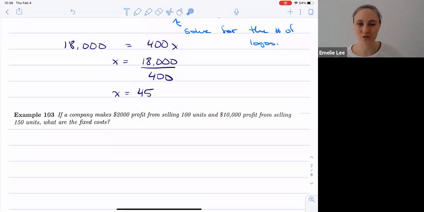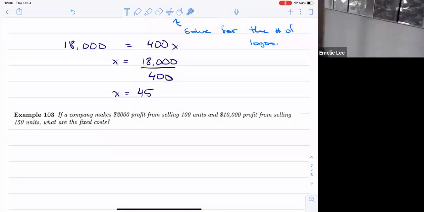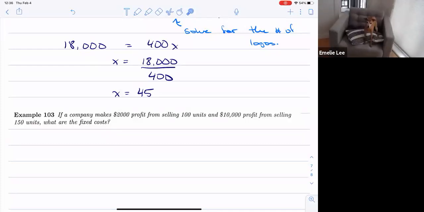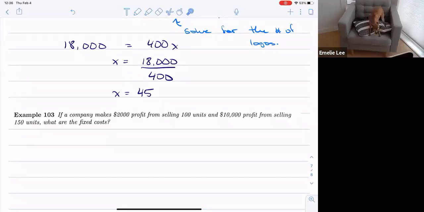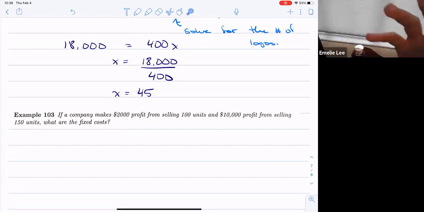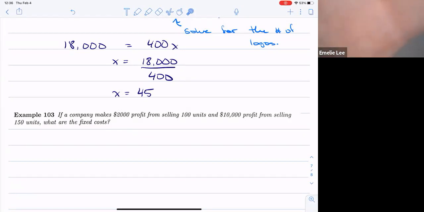This dog is out of control today. I gotta show you guys. She's a bad girl. Why are you so busy today? So busy. Yeah. She's had enough. She's sick and tired of it.